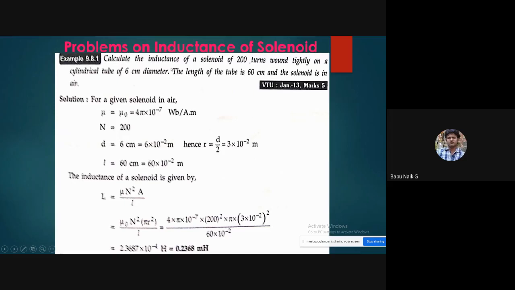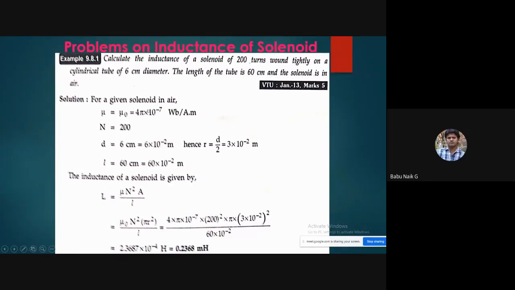Calculate the inductance of a solenoid of 200 turns wound tightly on a cylindrical tube of 6 centimeter diameter. The length of the tube is 60 centimeter, and the solenoid is in air, as mentioned here.